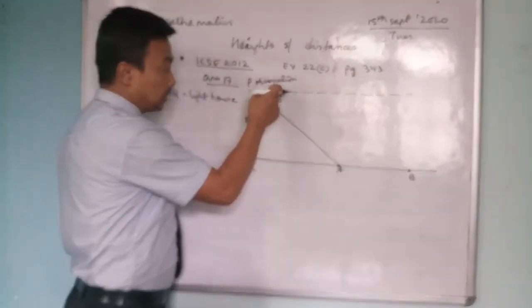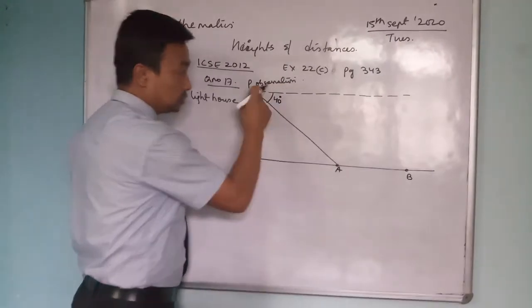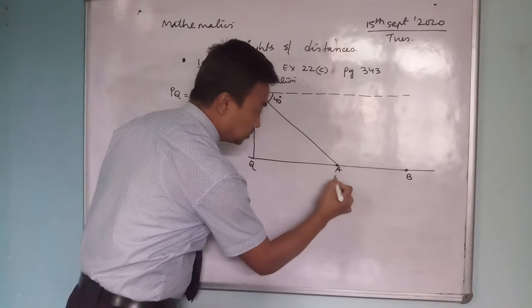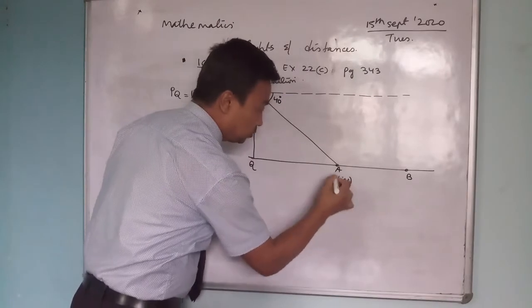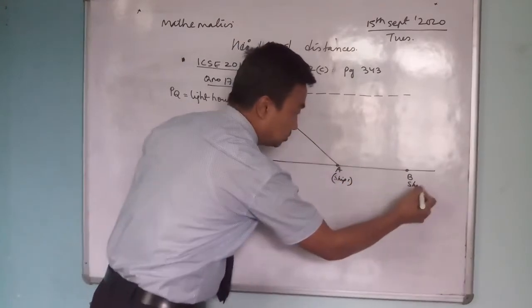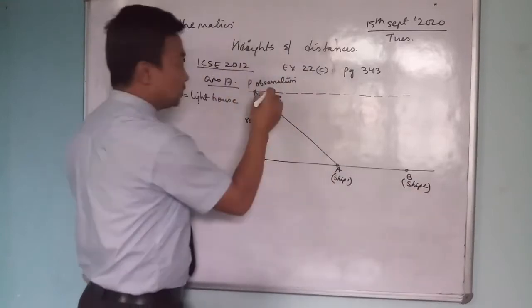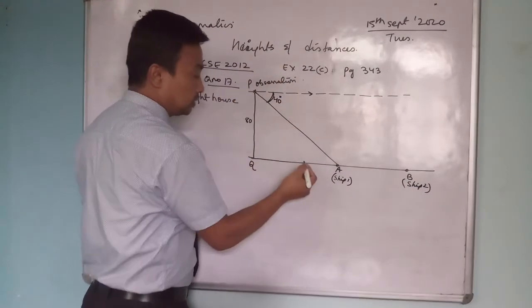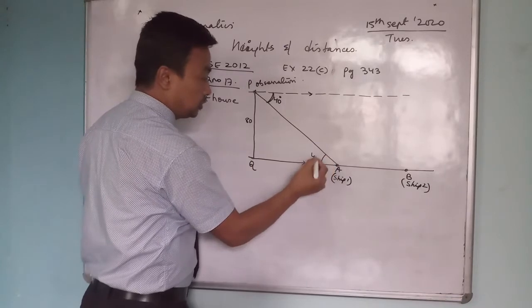This angle from the horizontal line to this line of sight is the first ship, ship 1, and this is the second ship, ship 2. So the first angle of depression is 40 degree. From the property of parallel lines, this will also be 40 degree.